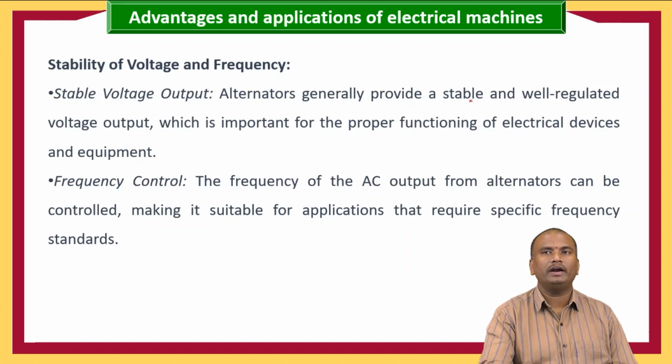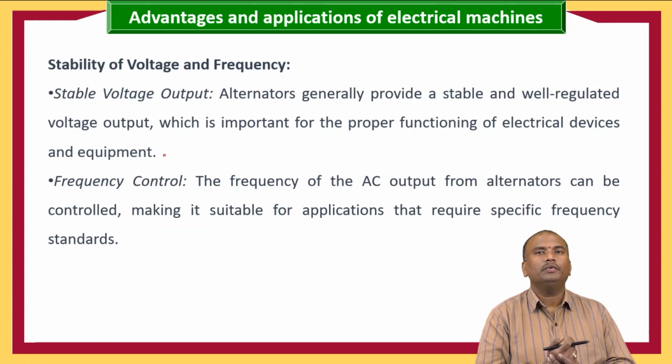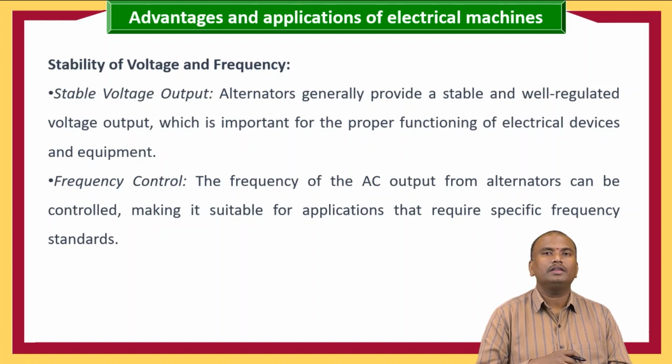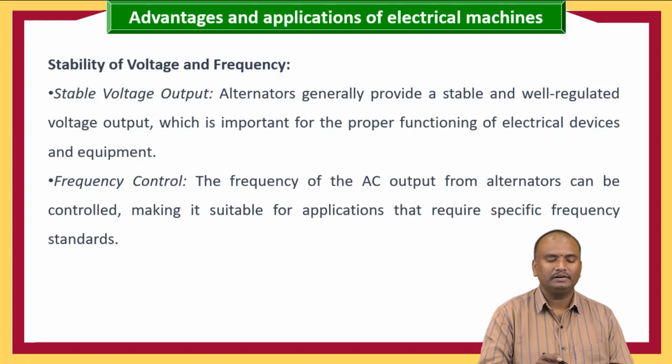Alternators generally provide a stable and well regulated voltage output, which is important for the proper functioning of electrical devices and equipment, because we need to maintain the voltage constant and frequency constant to take care of all the electrical equipment.